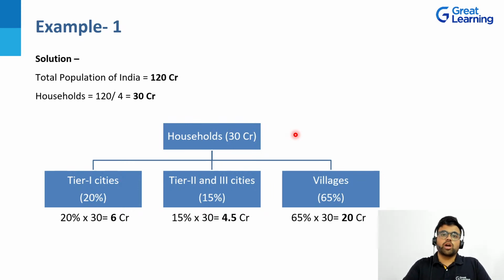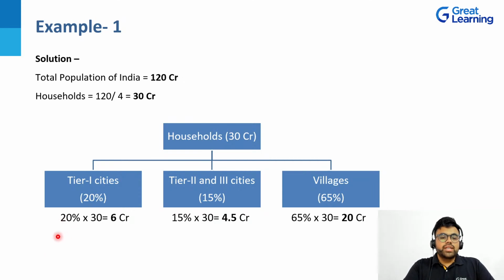Now again, you have to make educated guesses. You cannot go out of the way. If you have chosen this, 65 plus 15 plus 20 should add up to 100. If it is not adding up to 100, it would be a red flag for the interviewer, because you're not good at percentages. So make sure that every assumption you're making, everything that you're distributing in percentage, adds up to 100.